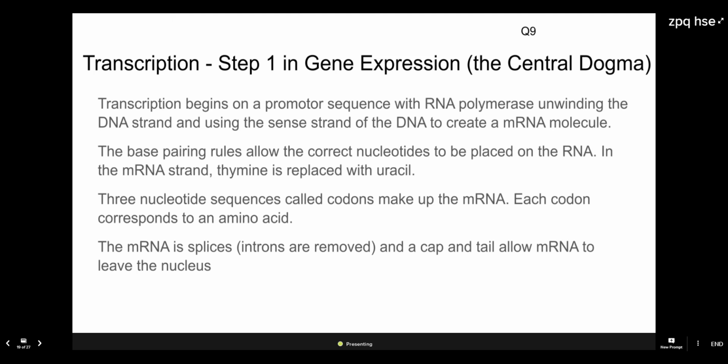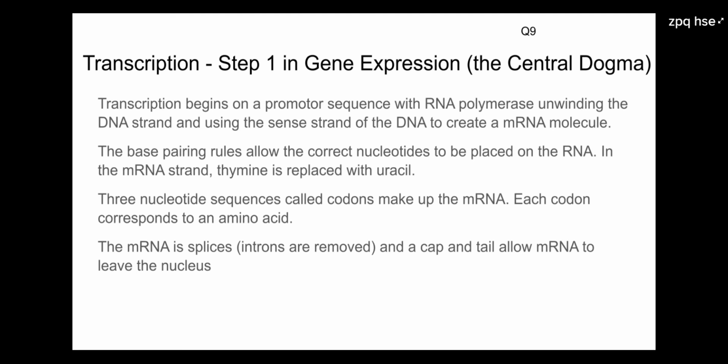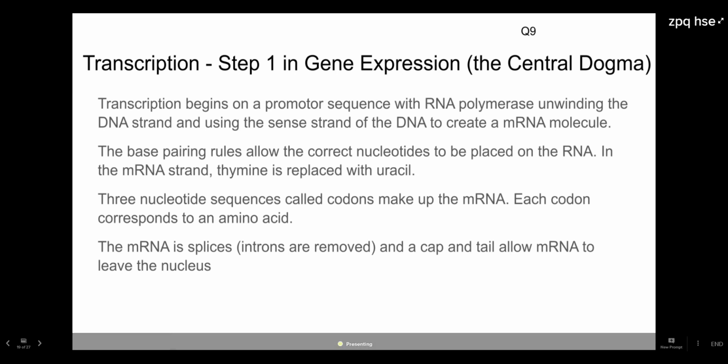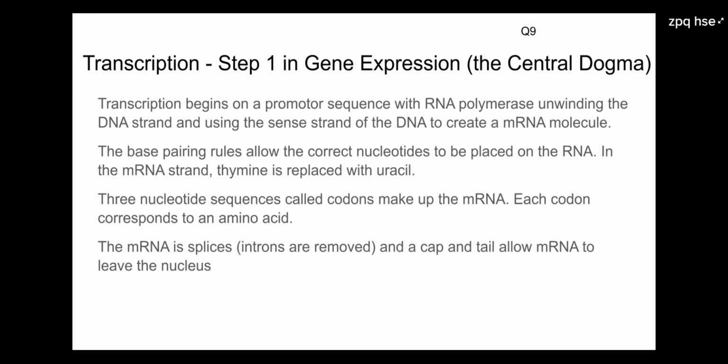And there's 3 nucleotide sequences on the mRNA. These are called codons, and each codon corresponds to an amino acid. Sometimes you'll have the introns removed, and we've spoken about introns previously. And unfortunately, a lot of people confuse introns and exons.